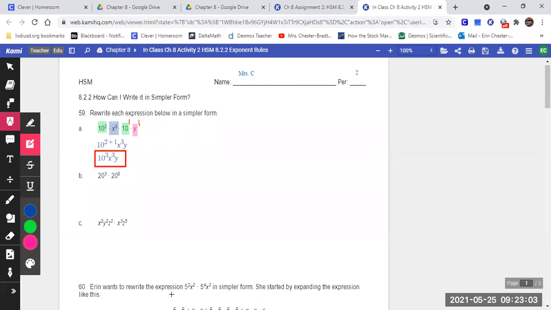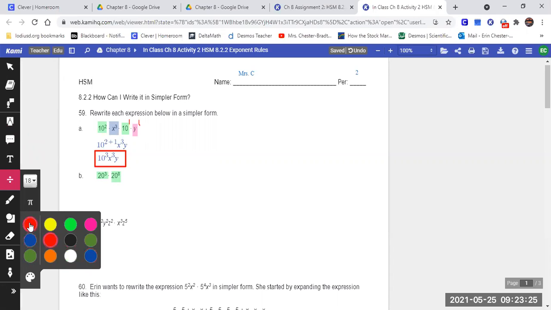Because remember, we color code same bases, same color. So how many colors would I be using? Just one. Yeah. Because we only have 20s. We don't have the X, we don't have the Y, we don't have another number. So this one's a quick and easy one.